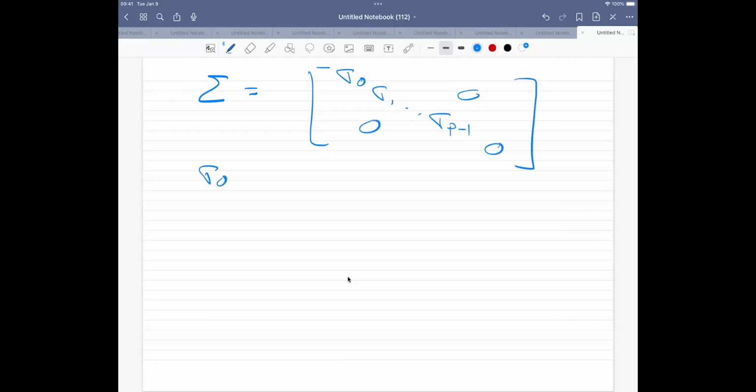And these sigmas are normally organized either as an ascending or as a descending series. And then we have sigma_{P-1}, which is larger than 0, and all the other ones are equal to 0. And this matrix has a dimensionality of n times P, the way we put it up.